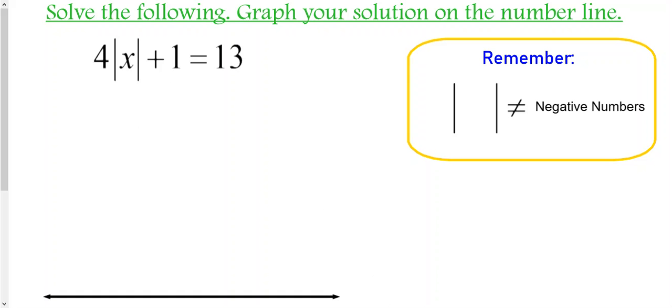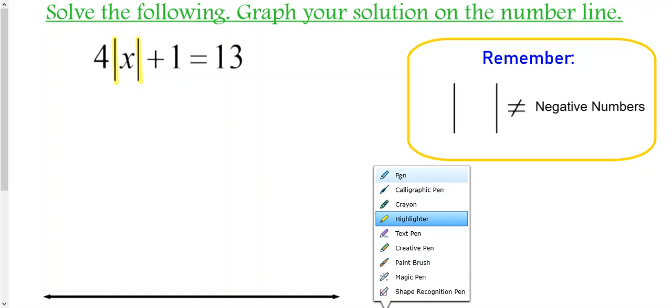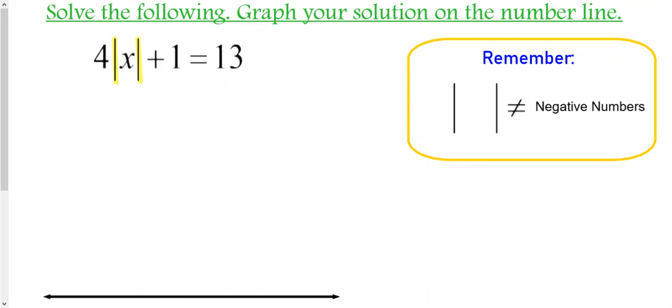Once we get this absolute value sign by itself, it cannot equal a negative number. That's the whole key to this first: we want to get the absolute value sign by itself. So the first step is to subtract 1 from each side.